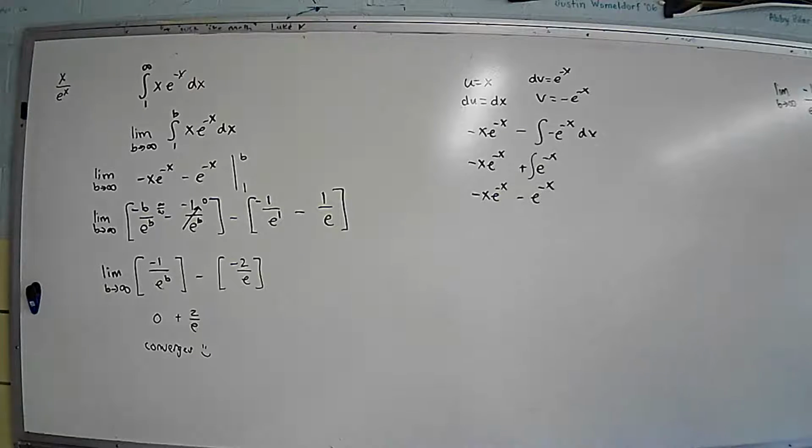Do we have those in our hip pocket? We should have those in our hip pocket, guys. We should know, and not from this class, you should know this from previous classes. Something over infinity, that's going to 0. Something over 0 is going to infinity.